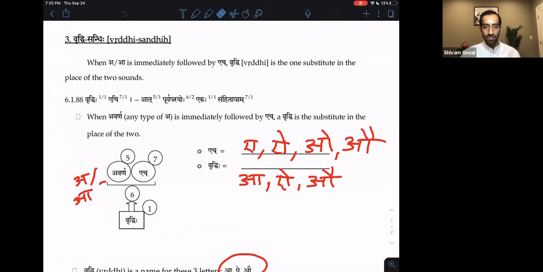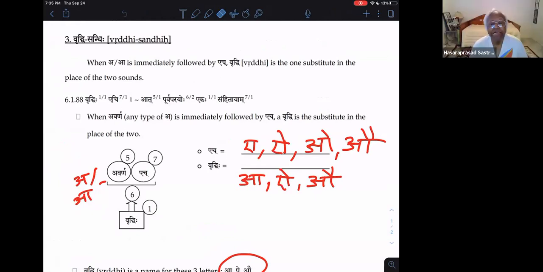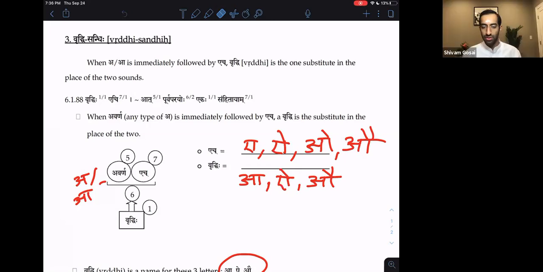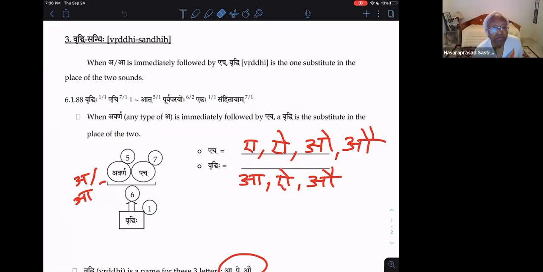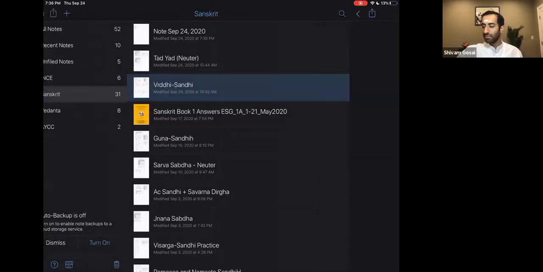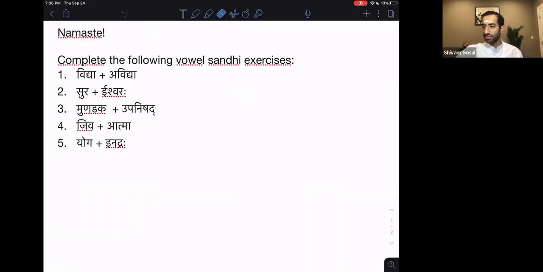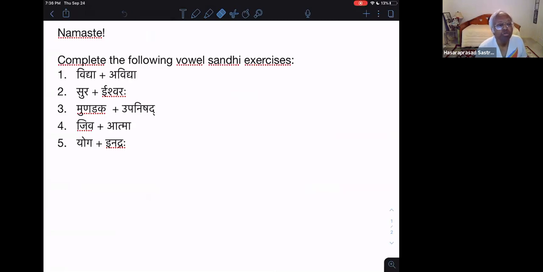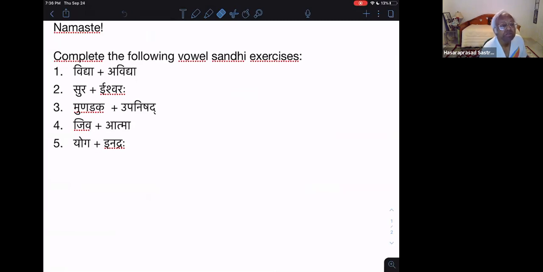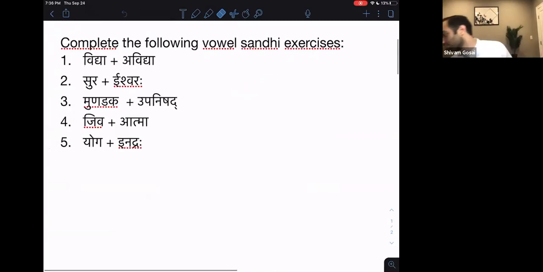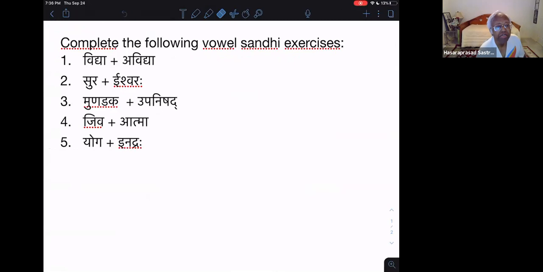And Harprasad ji, you have a question? Yes, sir. Go ahead. It may be just some typos in the first exercise you gave us. First of all, it is mundaka. I think there might be a typo there. And there's a typo in jiva.